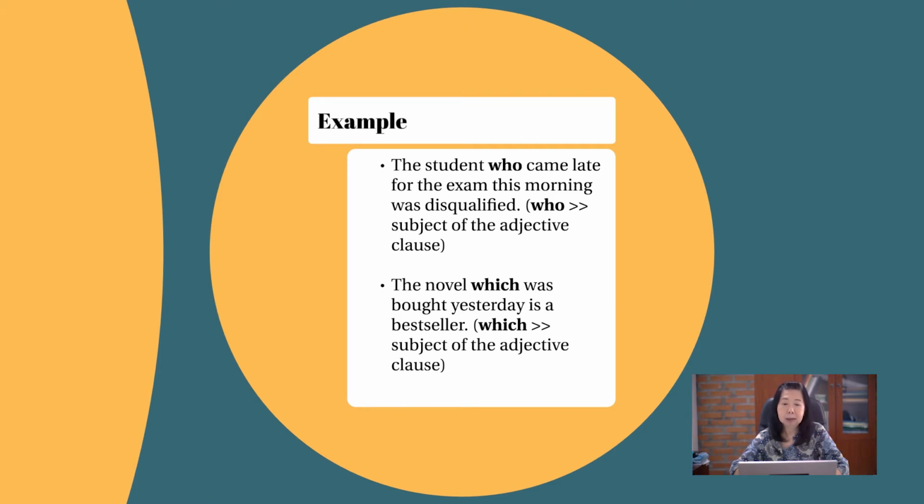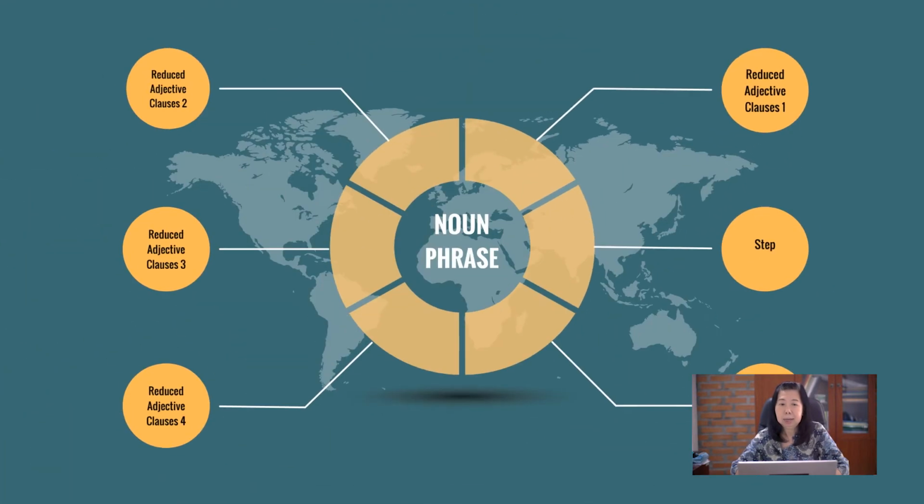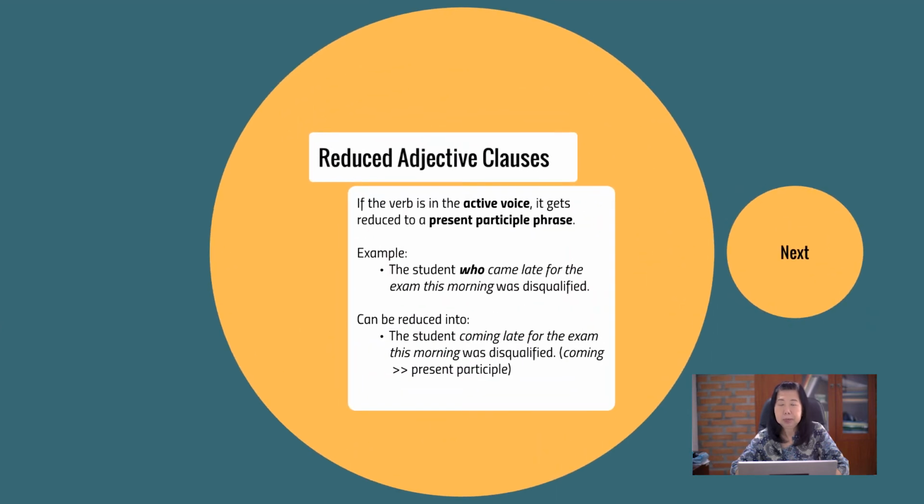Which is the subject of the adjective clause. Jadi dalam kalimat ini, which adalah subjek dari adjective clause. Dua contoh itu nanti kita lihat dapat di-reduce menjadi participial phrase, frasa dengan participle.